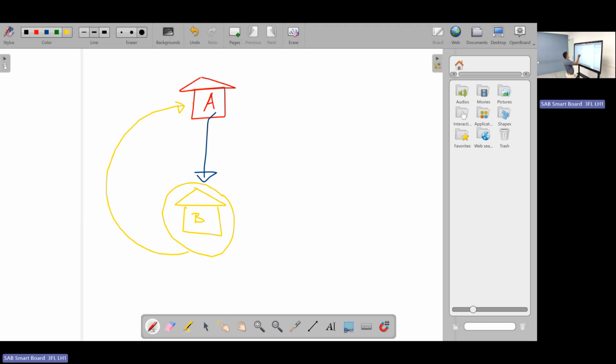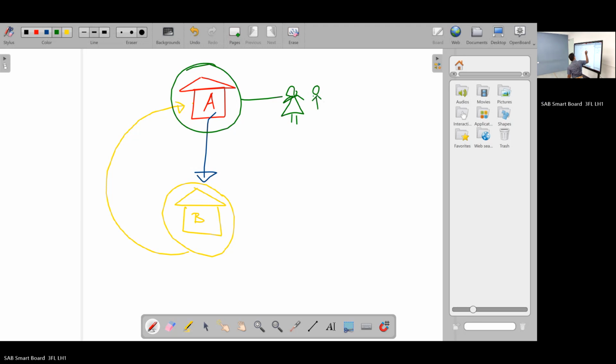So what we discuss here is this part. When this company distributes dividend, they can also distribute dividend to their shareholder, this company's shareholder. If that dividend is attributable to the dividend received by A from B, they can distribute that dividend onward.